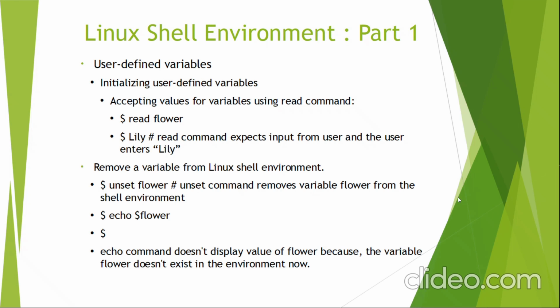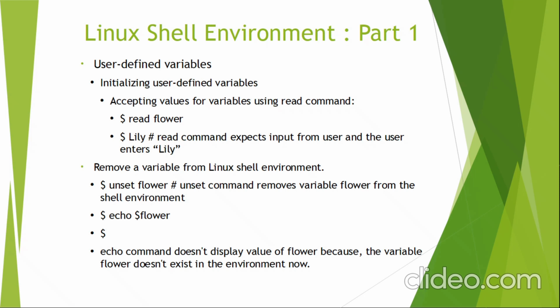Next, let us see how we remove a variable from the Linux shell environment. We can do that with the help of the unset command. Let us suppose we have defined a variable called flower and it exists in the Unix or Linux environment. How do we remove that variable? unset space flower.